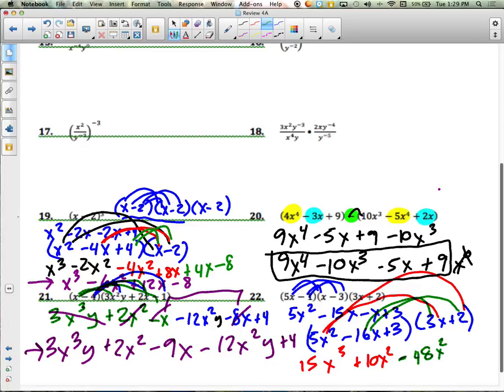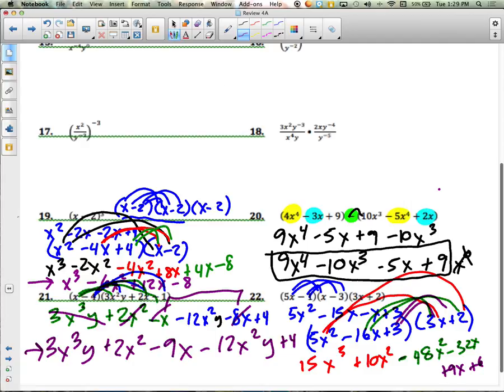Negative 16x times 2 is negative 32x. And then we will go 3 times 3x is a 9x. I'll just go down here, 9x, and then 3 times 2 is a 6.